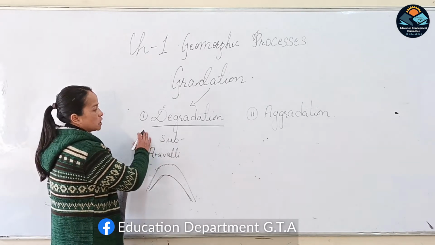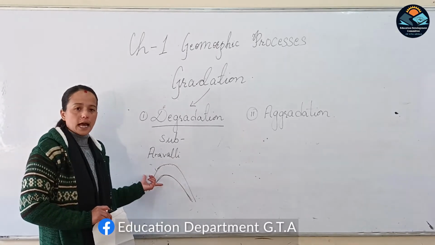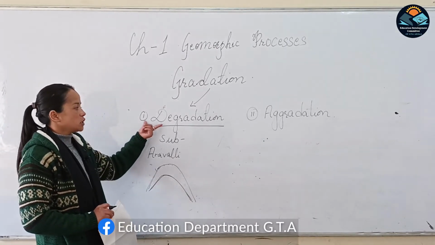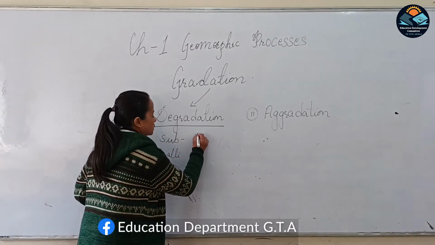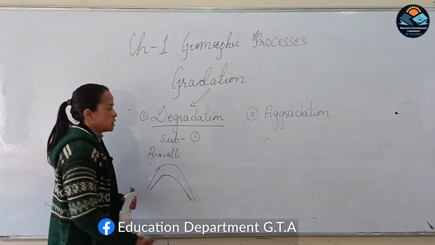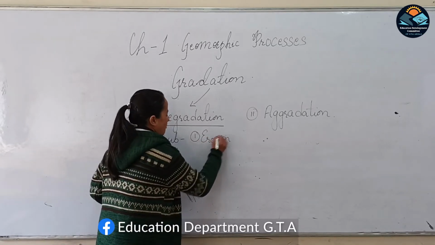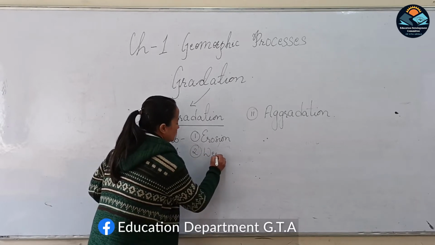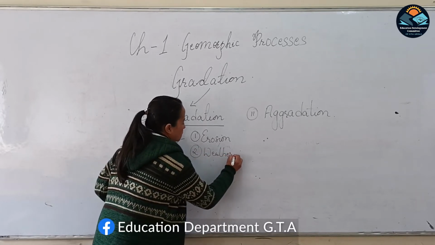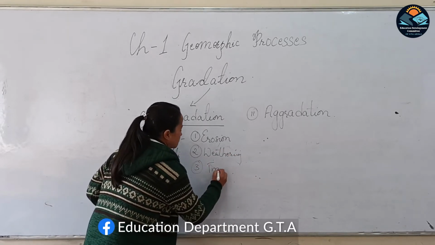How did the Aravalli range lose its height? Degradation works with the help of three processes. These three processes which are involved in degradation are erosion, second one is weathering, and the third one is transportation.